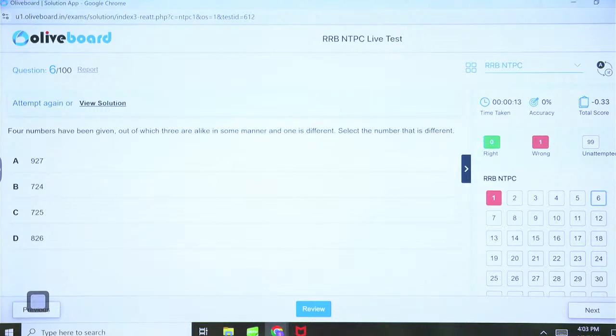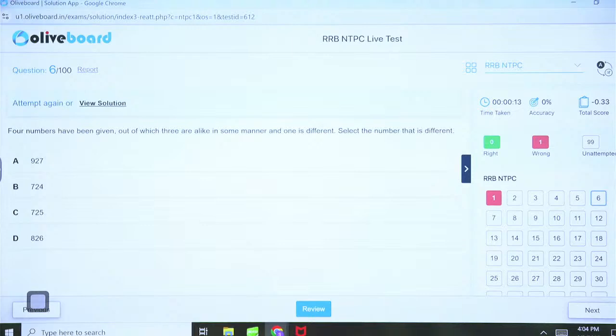So here what is happening? 900, 700, 800. There is no relation here as far as the square is concerned, as far as the cube is concerned, nothing is happening except for 729 minus 5, 1729 minus 4, but that does not make sense.